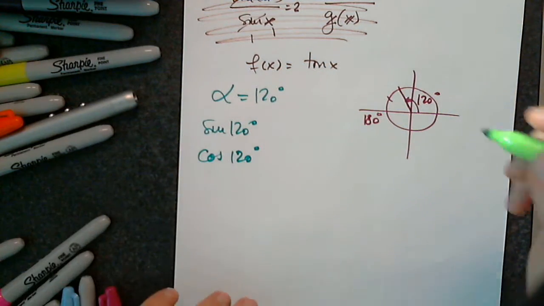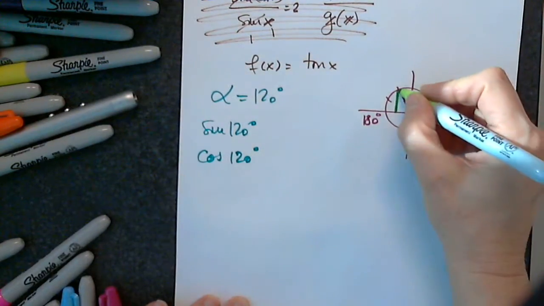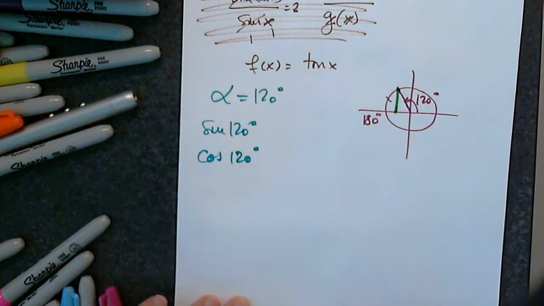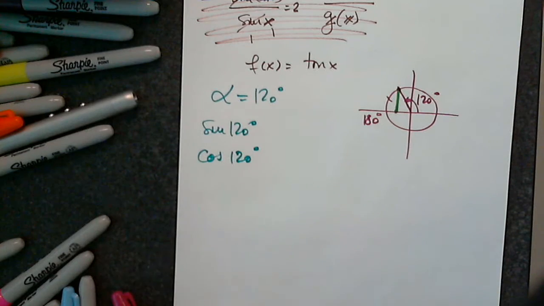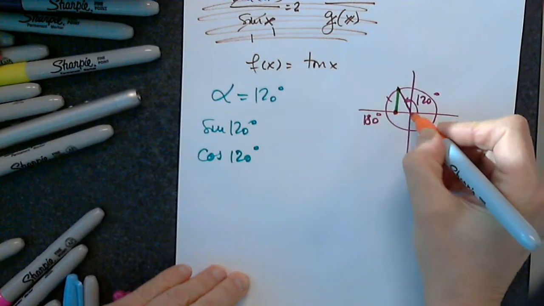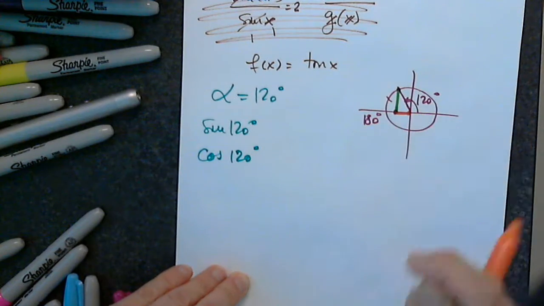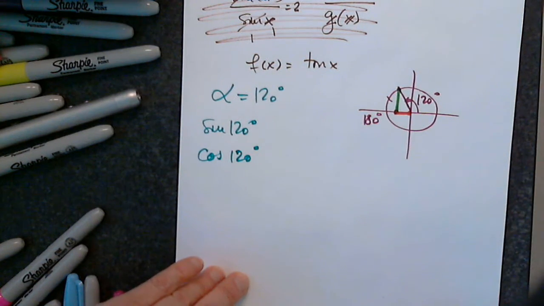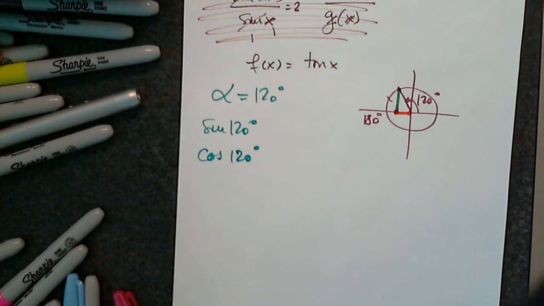So what will this piece represent from here till here? Sine, exactly, sine of 120. Very good. What will this piece represent from here till here? Yes, cosine. So sine is in green and cosine is in orange.